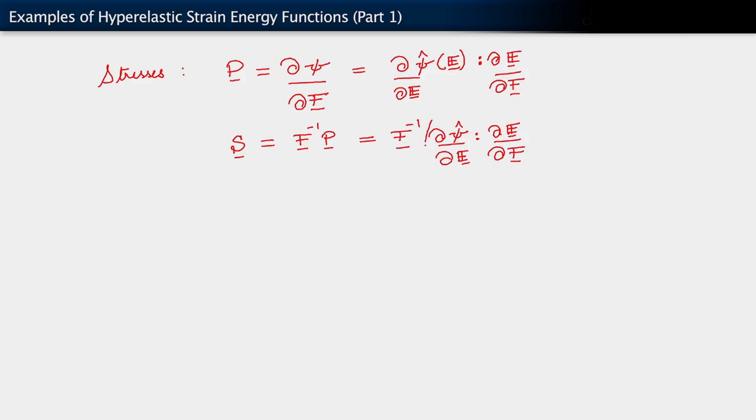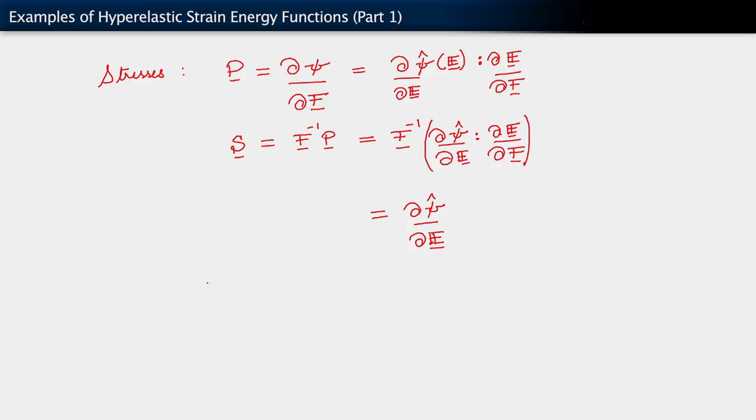And just to make clear how things are working here, let's do that. Okay. Furthermore, when you carry this calculation through, what you will see is that this essentially reduces to the partial of psi hat with respect to E. Okay? It's worth doing this little calculation, so let's go ahead and carry it out using coordinate notation.